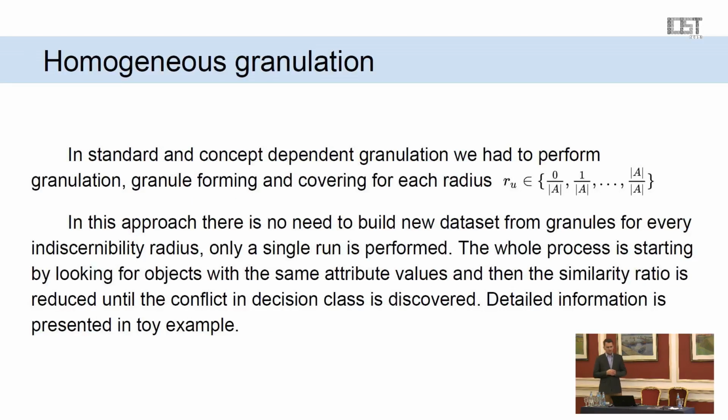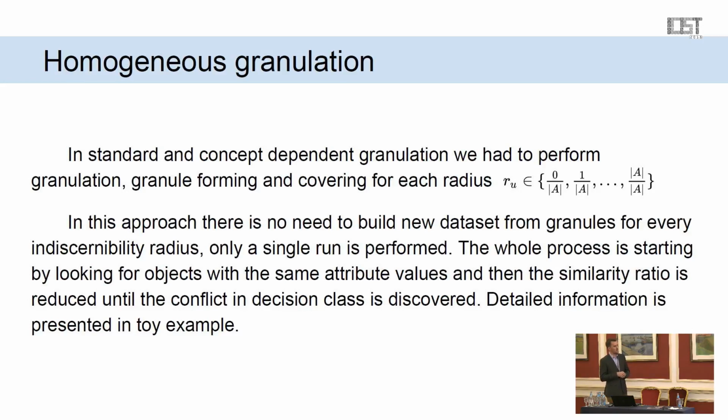But in our approach, homogeneous granulation, we are letting the data decide what the best radius of granulation is, because we are picking objects hierarchically or by random, and then we are looking for similarities in the whole data set, not only in the same decision class.